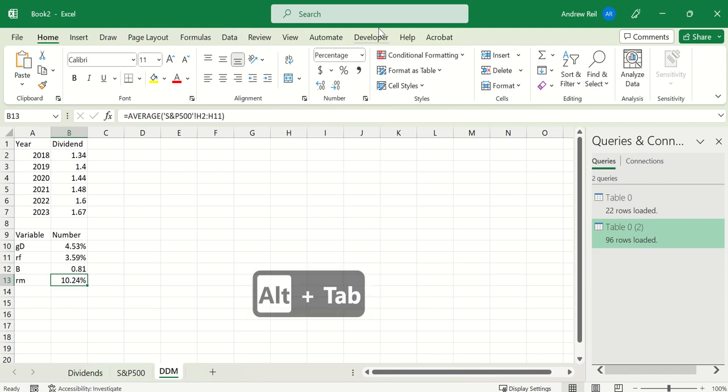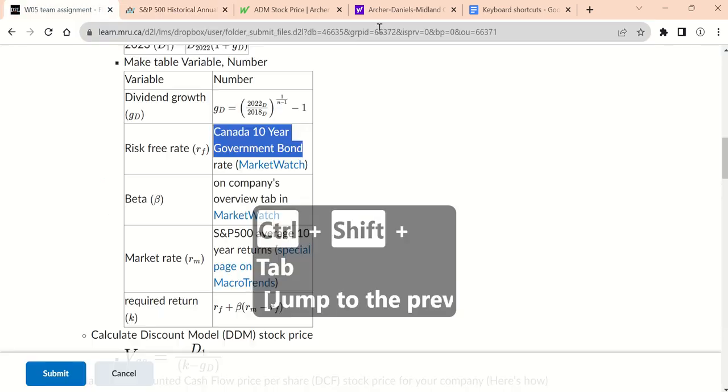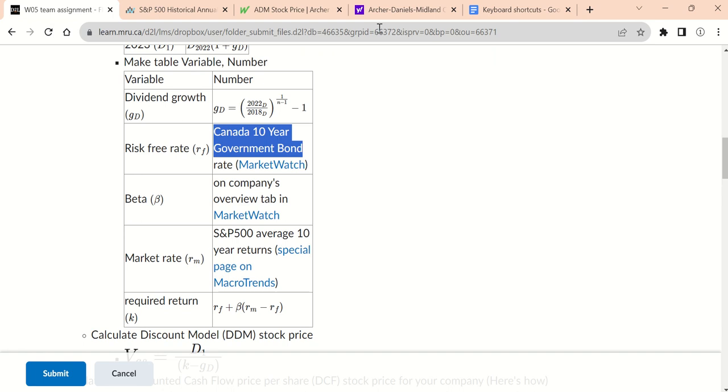Now I want to get the required return, which is the risk-free rate plus beta multiplied by the difference between the market rate and the risk-free rate.